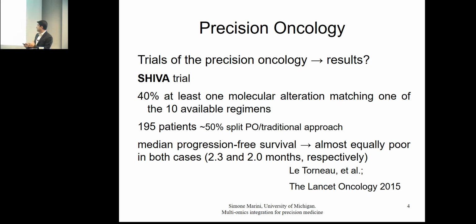There was not a very big difference between the precision medicine application and the traditional treatment. Also, only less than half of the patients could be enrolled, could be destined to having a precision oncology treatment.